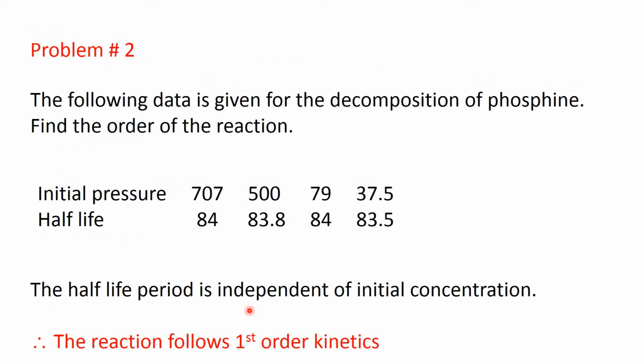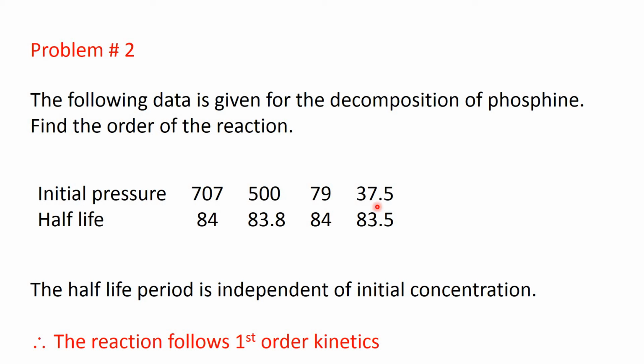Problem 2. The following data is given for the decomposition of phosphine. Find the order of the reaction. Initial pressure 707, half-life is 84. Initial pressure 500, half-life is 83.8. Initial pressure 79, half-life is 84.